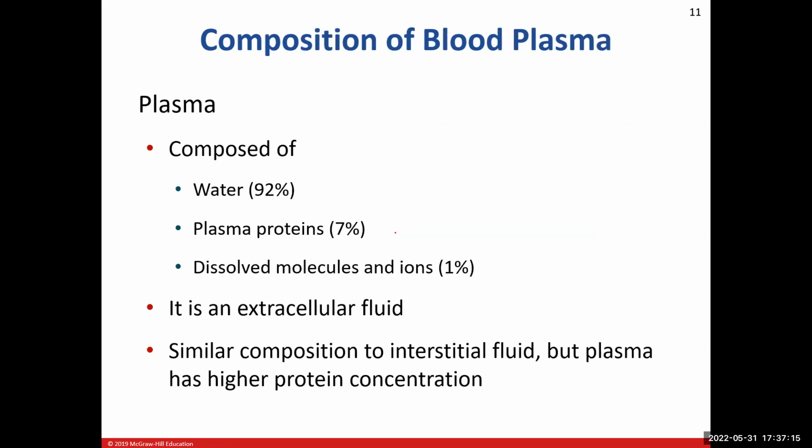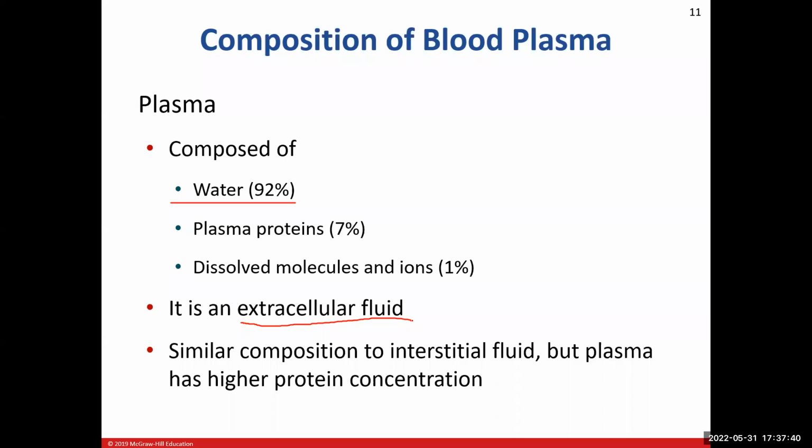All right, so let's take a look at our blood plasma. Like I mentioned before, you can see here just by looking at the percentages, water is the major percent of blood plasma, followed by plasma proteins, then followed by our dissolved solutes. And so we'll talk more about this later on in this course, but plasma is an extracellular fluid.